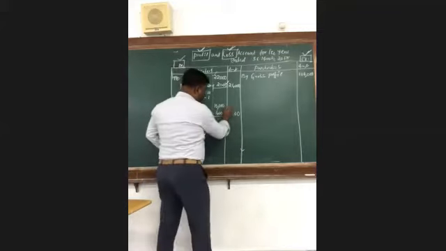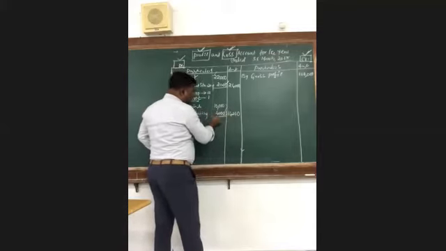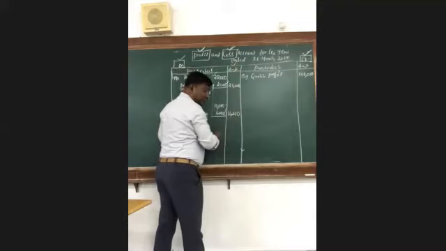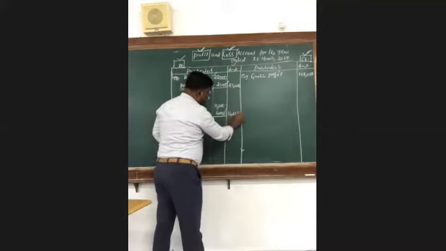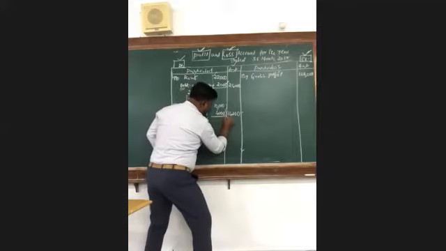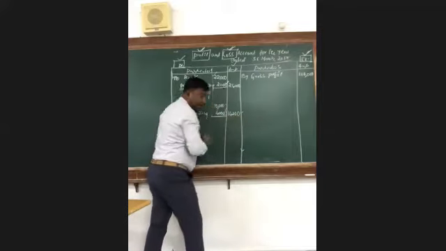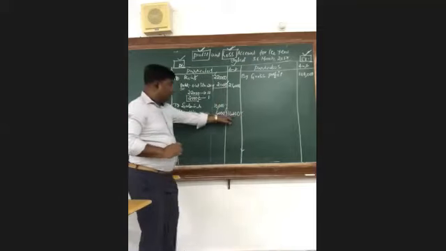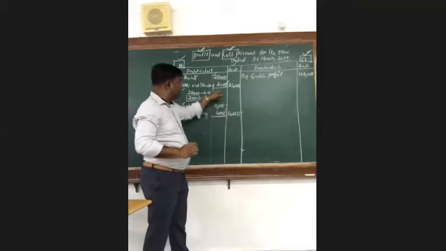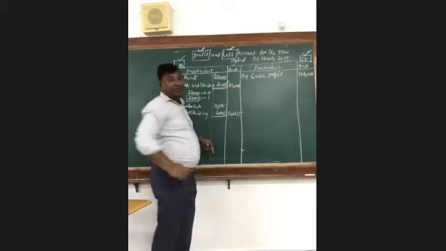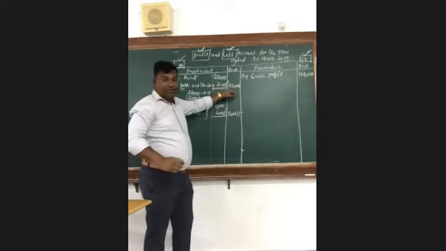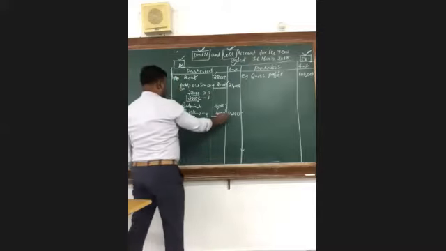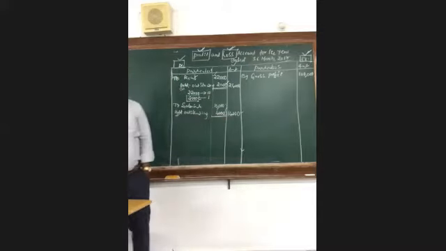Whenever I'm taking the total, I'm taking the total to the amount column, and I'm taking this total above this line. If I draw a line here, I'm taking the total above this line. Here also, I'm taking the total above this line. Right, so 14,000. Next, go ahead.